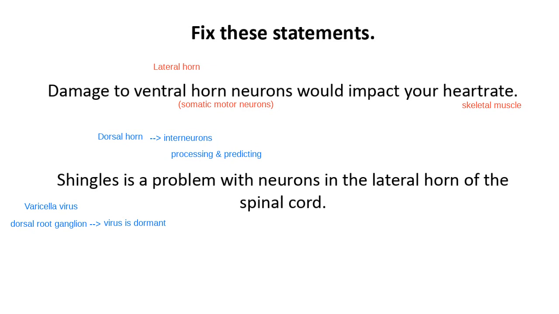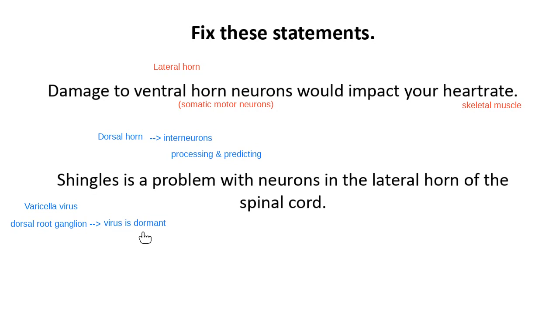So you get the chickenpox, and once you're done with chickenpox, the varicella zoster virus goes and hides out in the dorsal root ganglion. As you get older, as your immune system becomes suppressed, this virus can become reactivated. So that word reactivated means that it starts to replicate again.